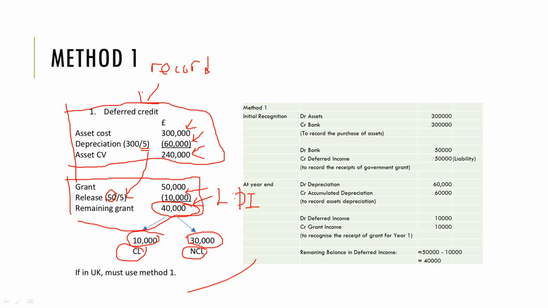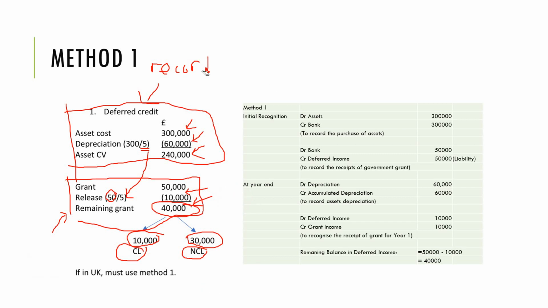After you record the cost, you have to recognize the amount of grant income that you should receive for that particular period. So what is the appropriate double entry for this? Maybe by explaining the double entry, it helps you to understand better.